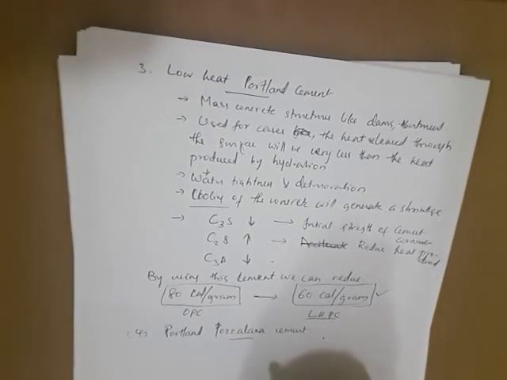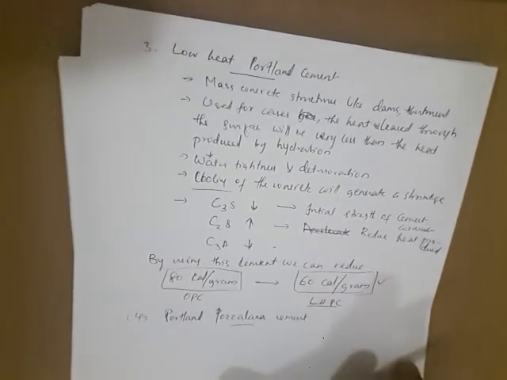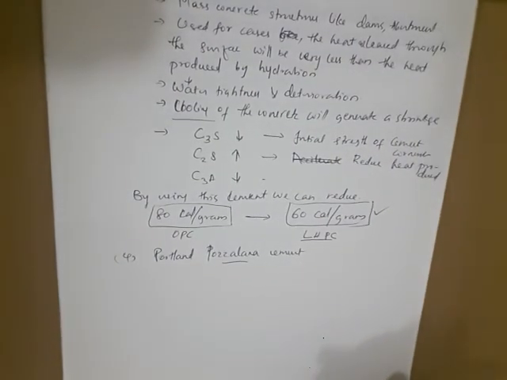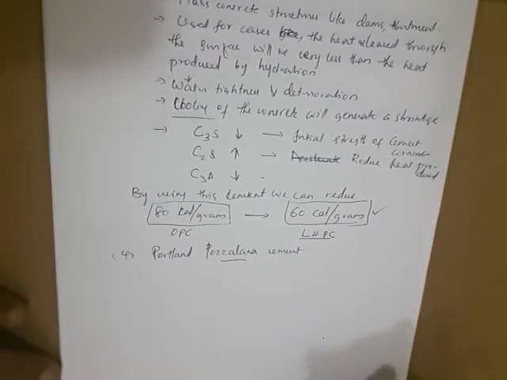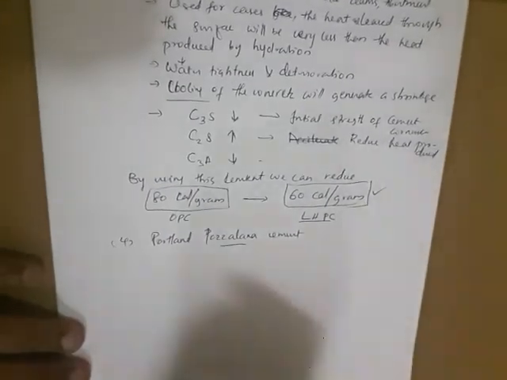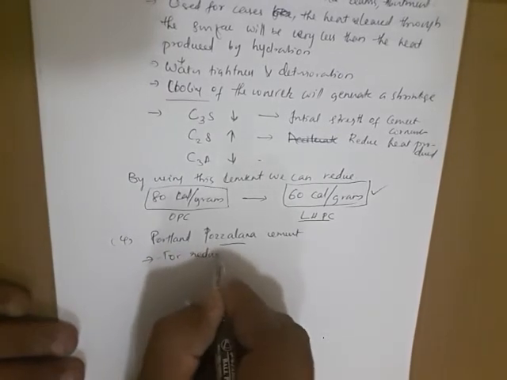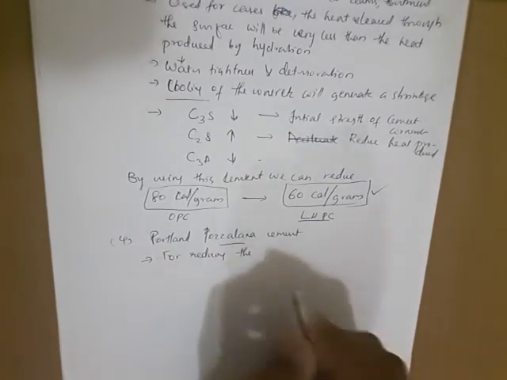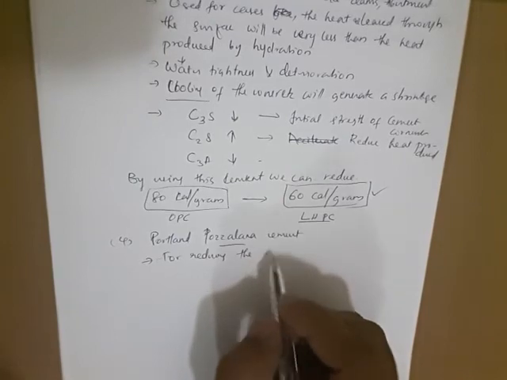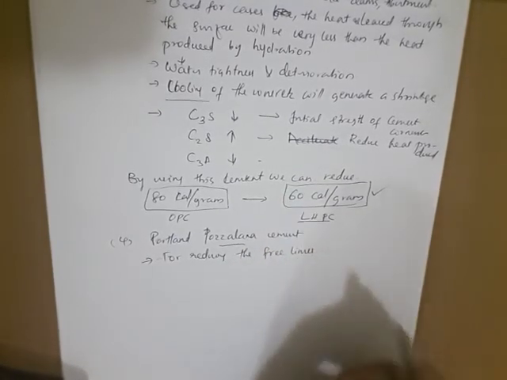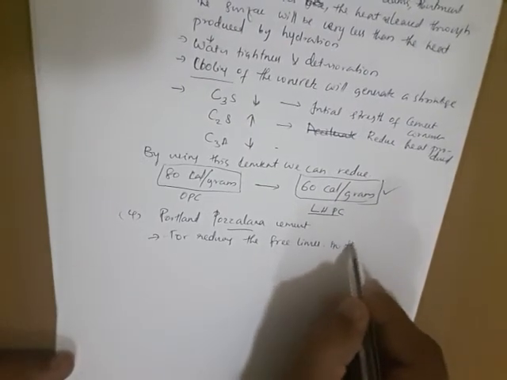Pozzolana has no property of increasing the strength of the cement, but pozzolana can help in reducing the free limes in the cement.